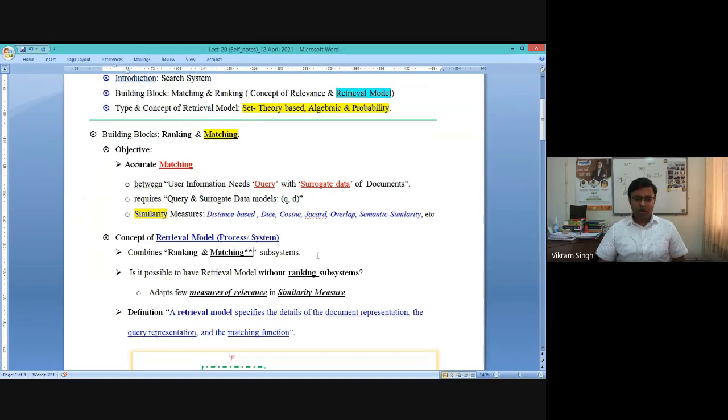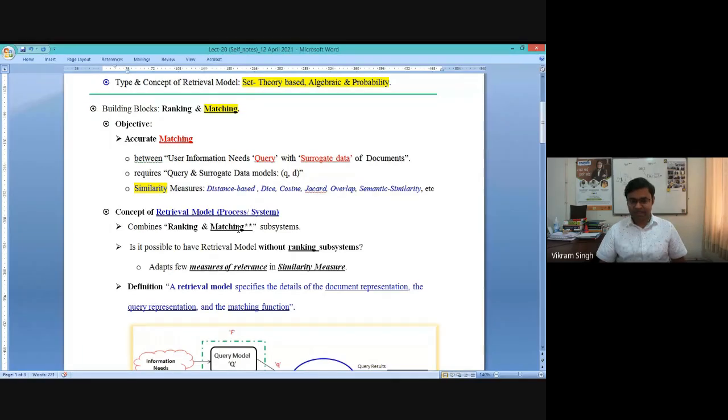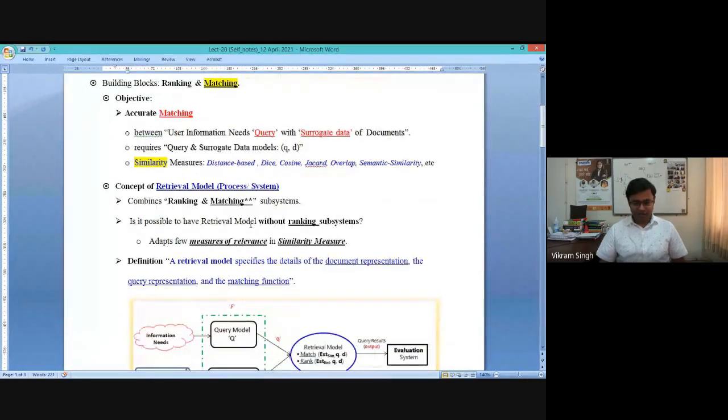Because matching is essential, you should always have some set of ideas, some set of metrics. To perform these two, we have to perform relevance estimation and similarity measures. That is well discussed in the previous lectures also.